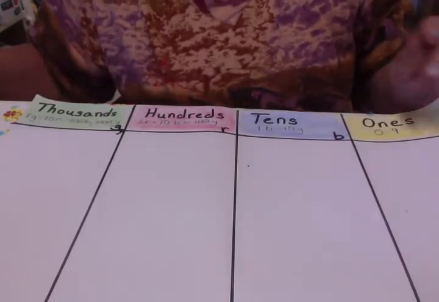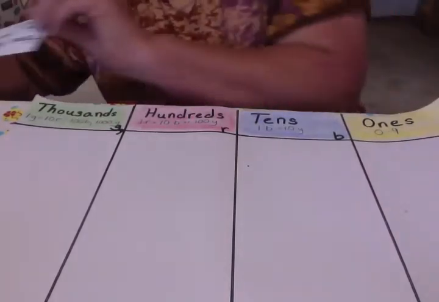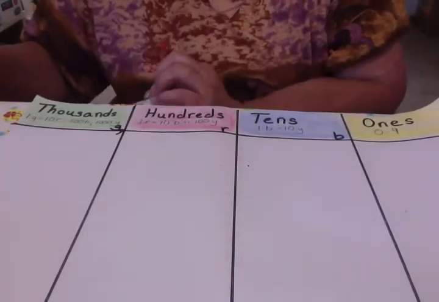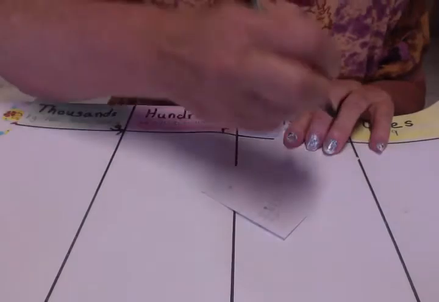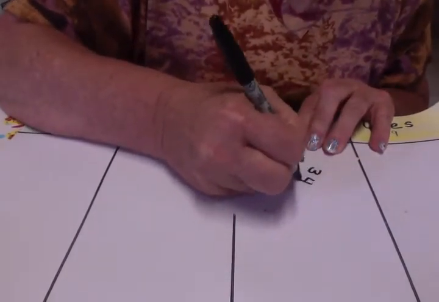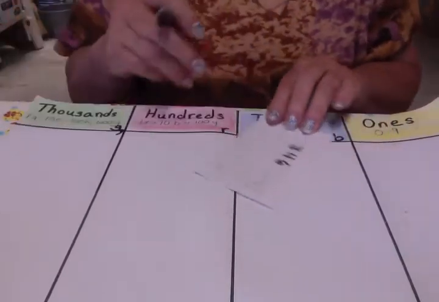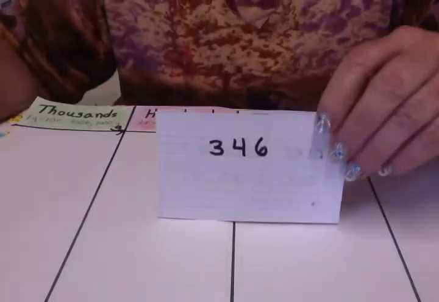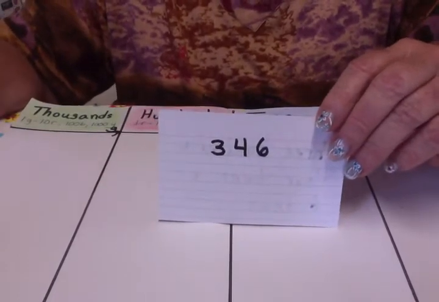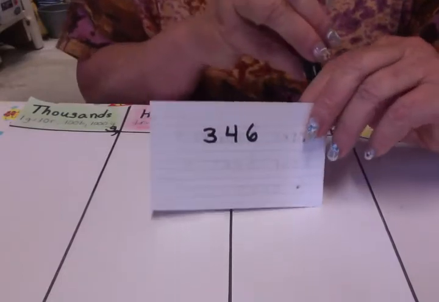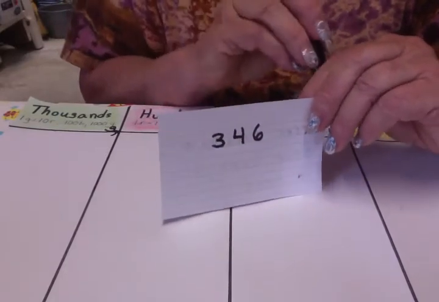That will help you when you have to write them out. Okay. And the last number we're going to look at today, I'm actually going to write it out. 346. Now I'd like you to put that on your board, and then I'd like you to write it in the expanded number.